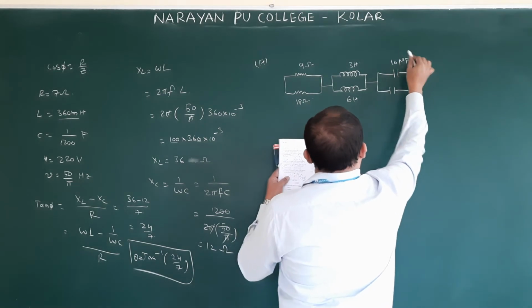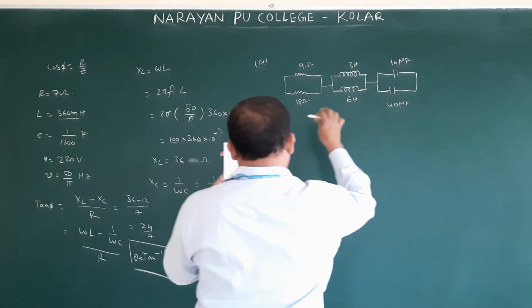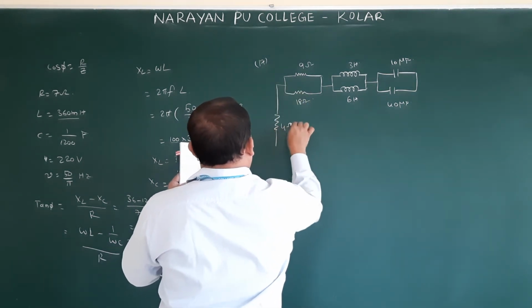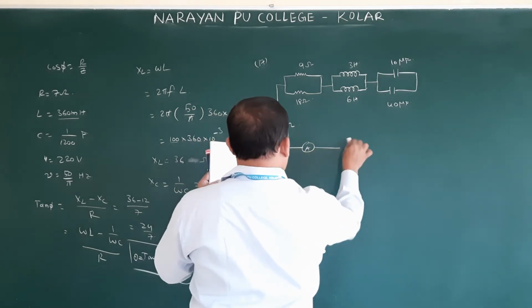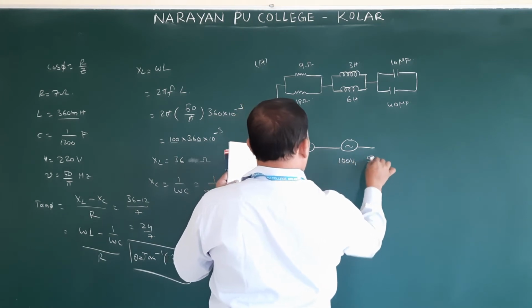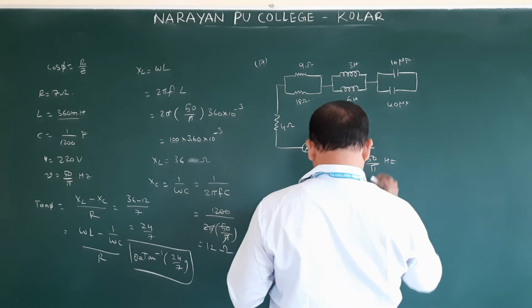They gave it like this just to confuse you, so that you apply simple logic. This is connected to a resistor of 4 ohms, an ammeter, AC 100 volts, 50 by pi hertz.